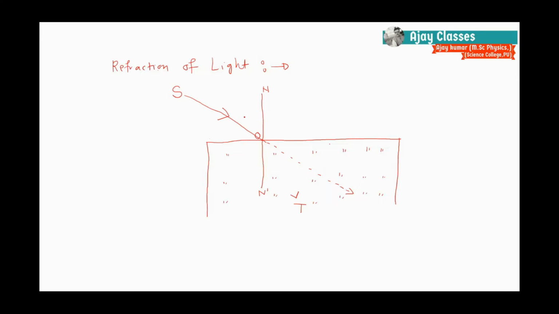Now suppose that I is the angle of incidence, because the incident ray makes a certain angle with the normal, and the refracted ray follows the new path. The refracted ray follows the new path O to T, making angle R with the same normal in the other medium. Suppose the denser medium is where the speed of light is less than in the outside medium, taken as the rarer medium.